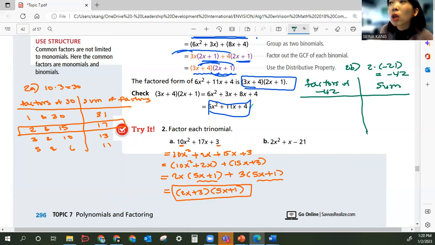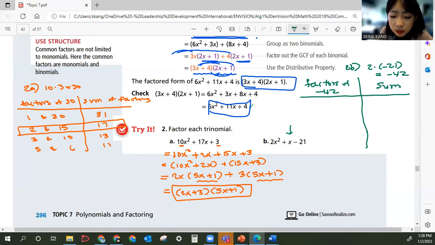There are a lot of factors of negative 42, and you might want to look at negatives in either case, right? Because a negative times a positive will make a negative number. So when you have a negative product, it's a little bit more complicated. But 1 and 42 is one combination to make a factor of 42, but they're not going to make a sum even close to 1, right?